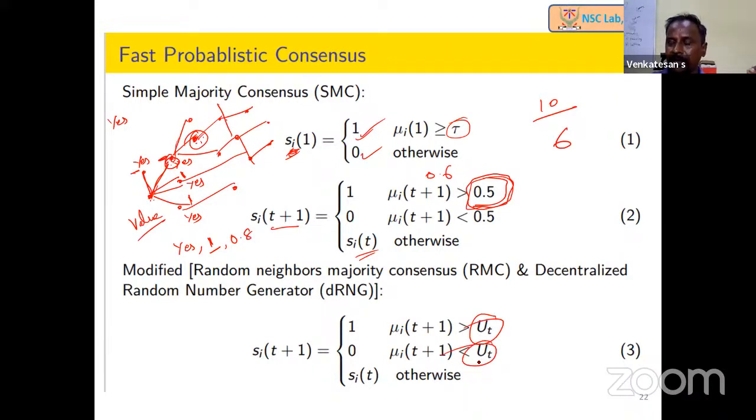This variable is computed in a distributed or decentralized fashion. It is a value generated through a decentralized random number generator. We know the random number generator, but the contribution comes from multiple nodes. That's why it is a decentralized random number generator.